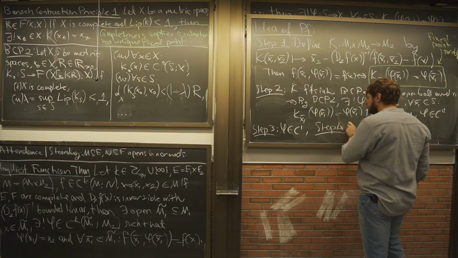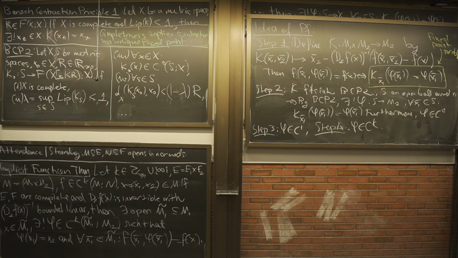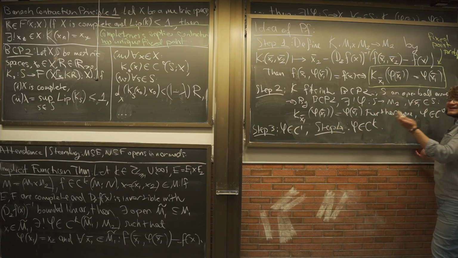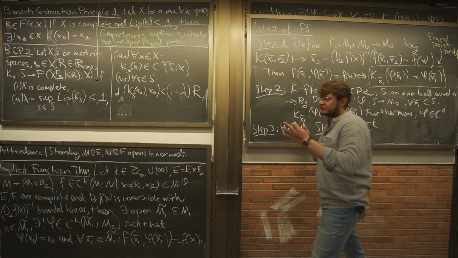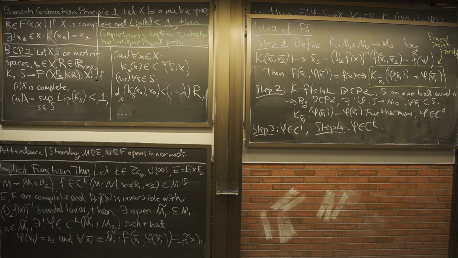Step 4, phi is CK. I hope at this stage you could believe me if I were to say, once you're at C1, going to CK is just induction. So going from here to there, it's a matter of sort of technicality typically, but it's essentially induction on the regularity. Okay.